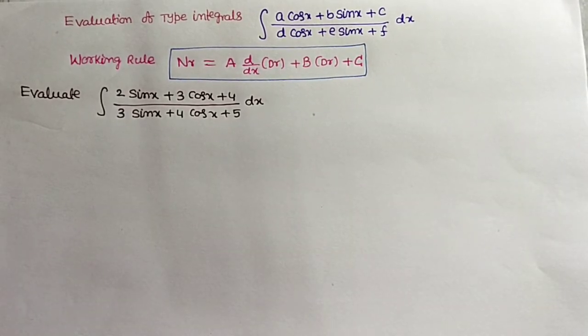Now we'll take one example. Evaluate the integral of (2 sin x plus 3 cos x plus 4) divided by (3 sin x plus 4 cos x plus 5) into dx.